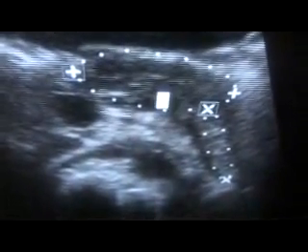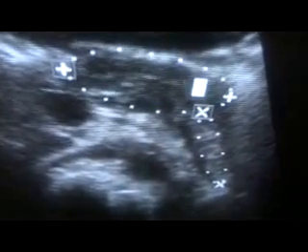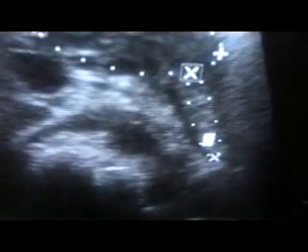This is the body of the pancreas. And this is the tail of the pancreas. This band of tissue anterior to the splenic vein is the body of the pancreas, and this is the tail of the pancreas. The splenic vein is running posterior to it.